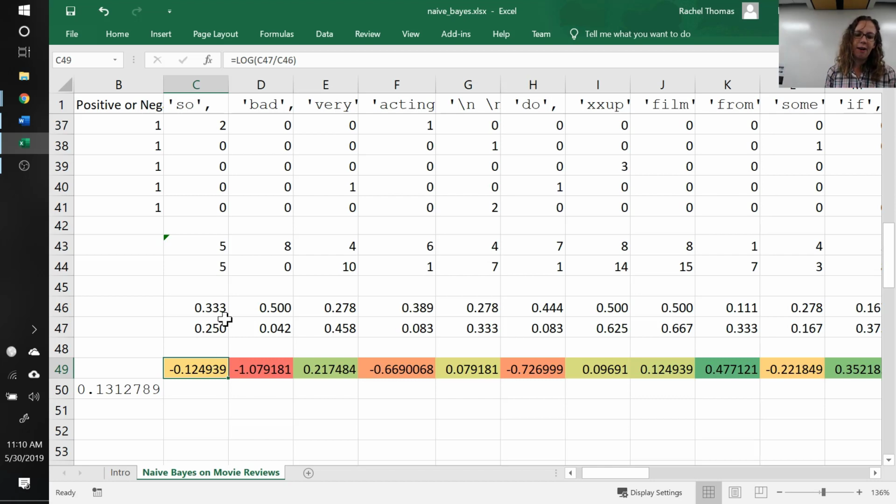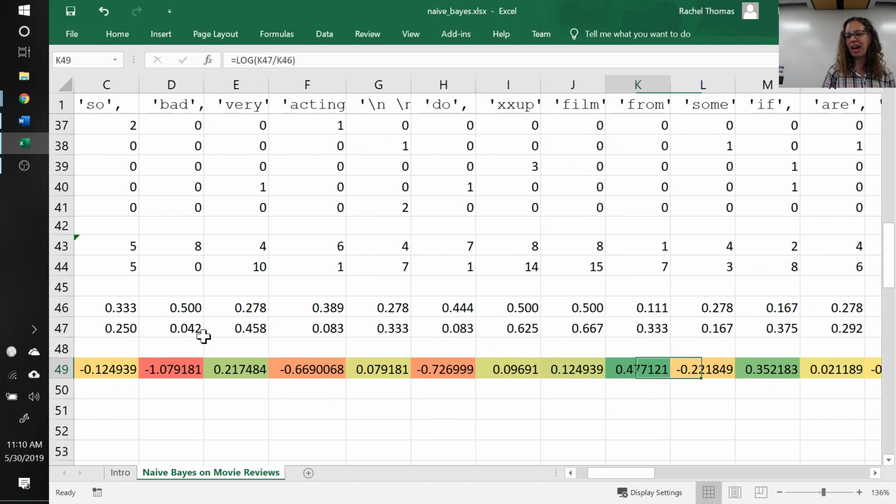It's taking the log of this divided by that to get these values. I've color coded them just to illustrate that anything bigger than 0 leans positive. Anything below 0 leans negative. And you can see that bad is definitely below 0, it leans negative.